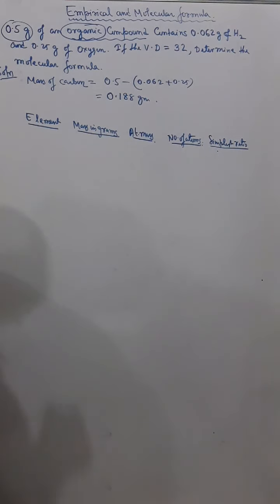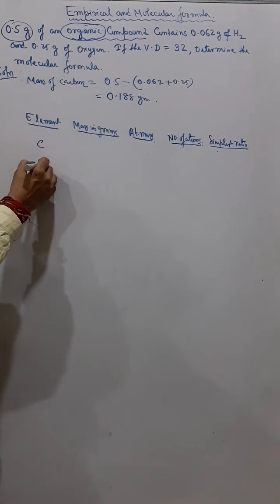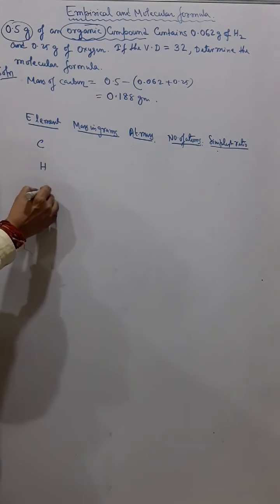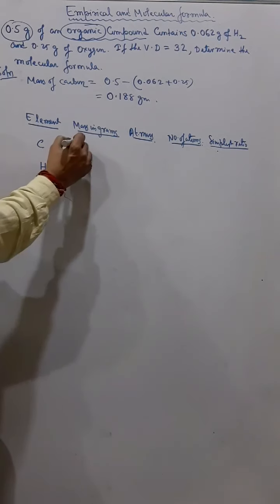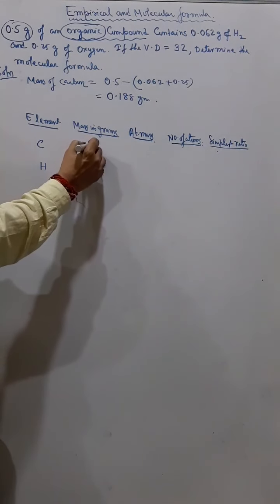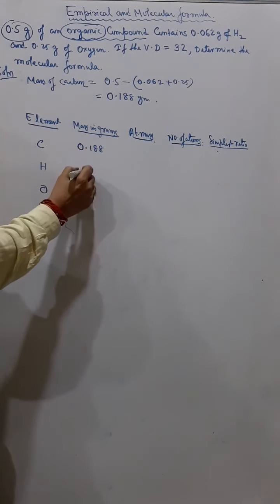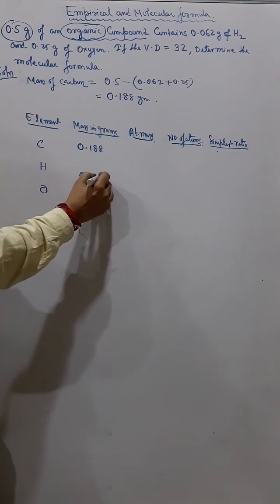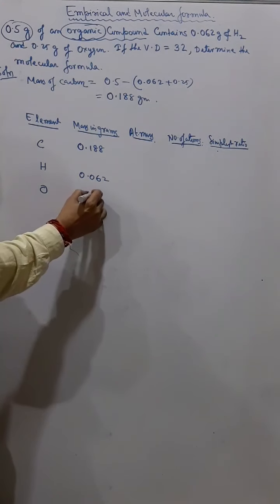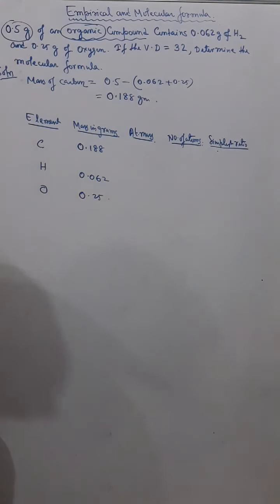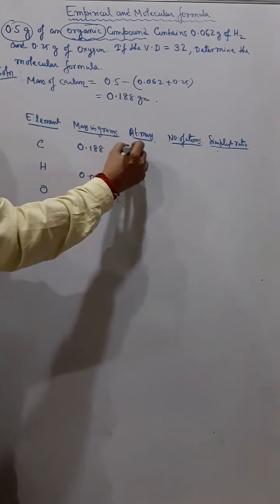gram. Now we will put the elements first: carbon, hydrogen and oxygen. Mass in gram: carbon is 0.188, hydrogen is 0.062 and oxygen is 0.25. Then the atomic mass will also be given.